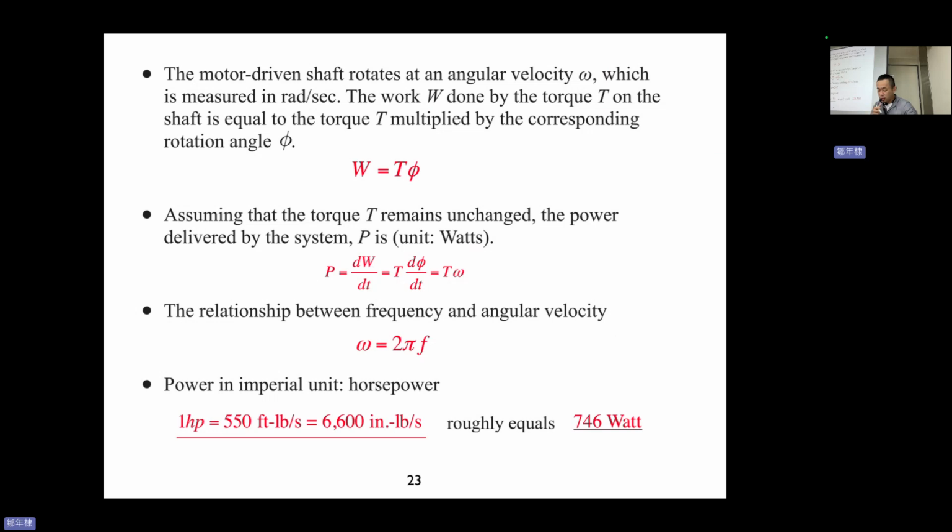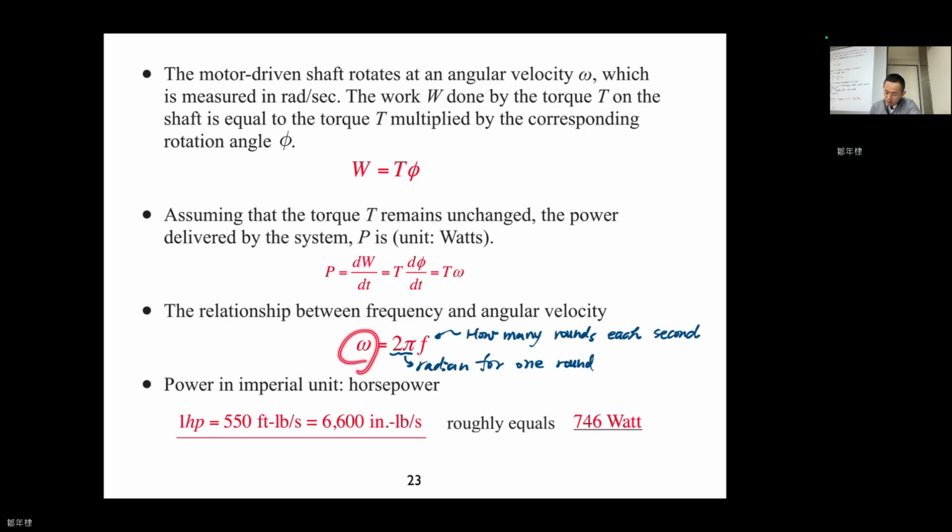One round is 2 pi radians. So your omega is 2 pi radians per round, times how many rounds each second. So P equals T times omega.